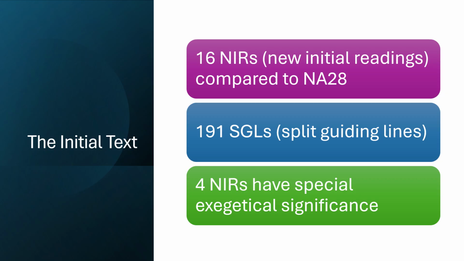According to my analysis, 4 of the 16 new initial readings are exegetically significant. The most obvious of these is Matthew 16:2b-3, especially since this text contains the longest variant in Matthew shared by multiple witnesses.